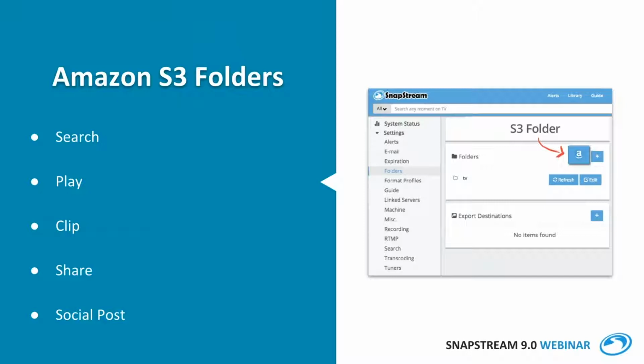So it was a one-way operation. Well, in 9.0, you can use those S3 folders as actual video folders inside SnapStream, just like all the other ones that you set up. You can search and find items in your S3 folders, set permissions, play, clip, share, and do your social posting.